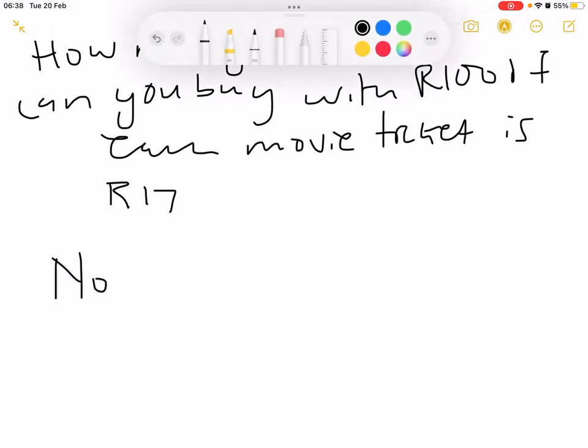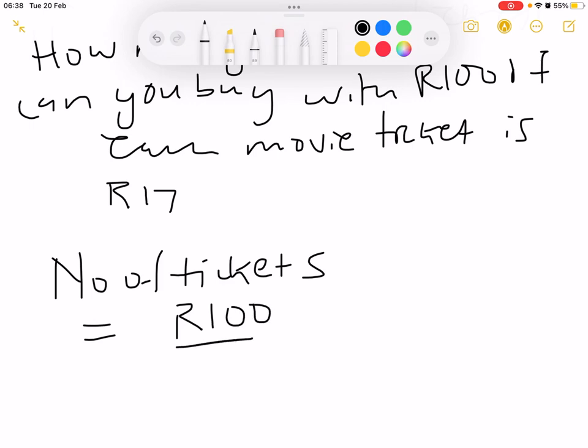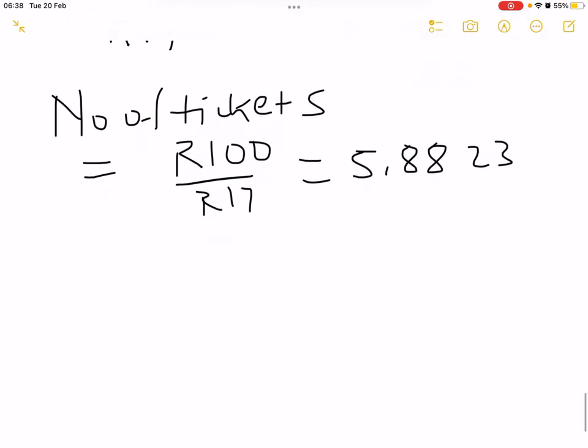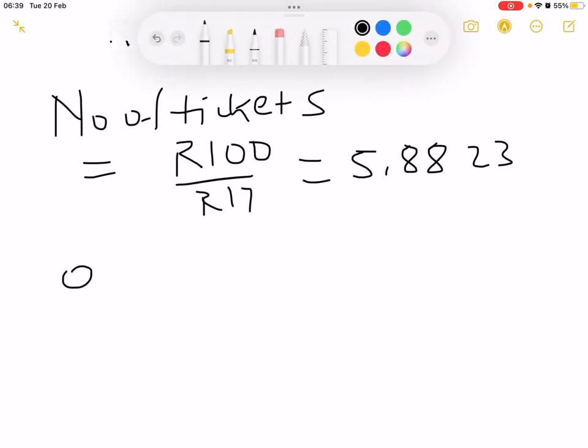So number of tickets is equals to 100 rand divided by 17 rand, and you get something like 5,88235. But we're looking at number of tickets here. If you're buying there, they won't give you a portion or 0.8823 ticket, or they say watch about 0.88, which is like 88% of the movie.